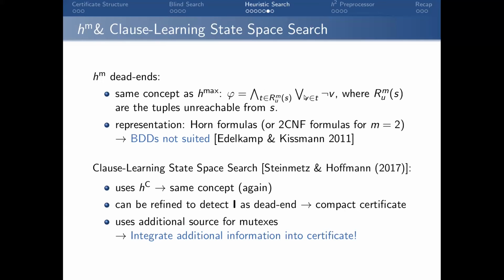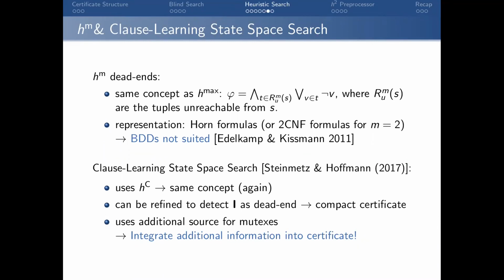Might be a bit bigger formula, but it's still better than having 10,000 dead ends. So this is a very compact certificate, and that can thus also be efficiently verified. But obviously we sacrifice planner runtime because the planner continues running even after it detected unsolvability already.